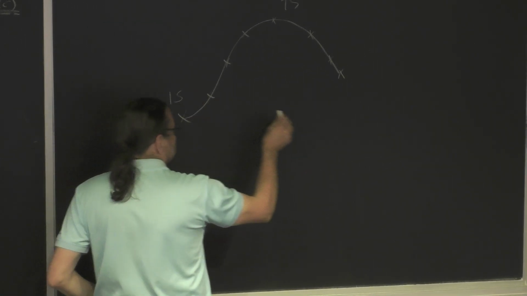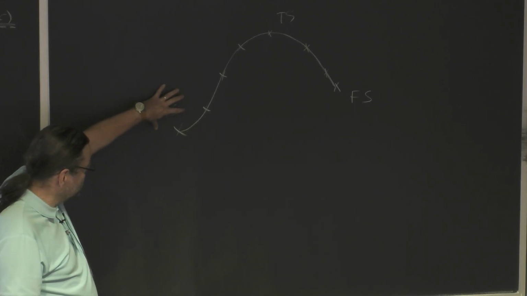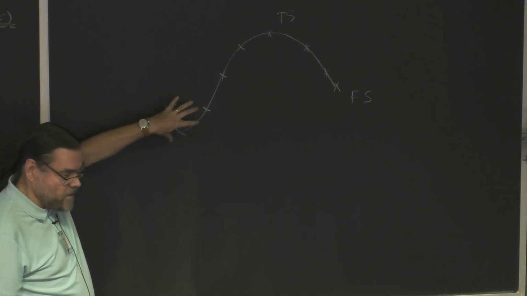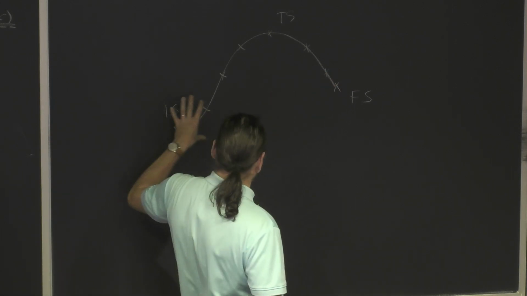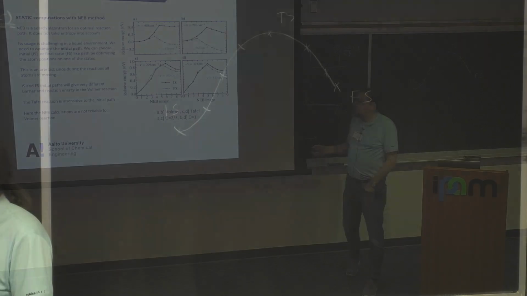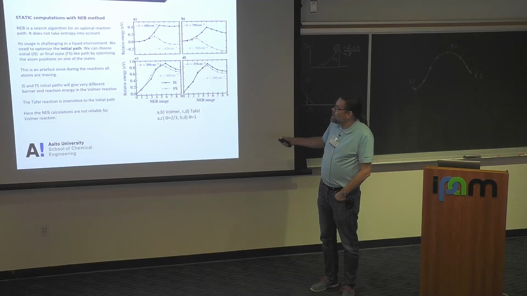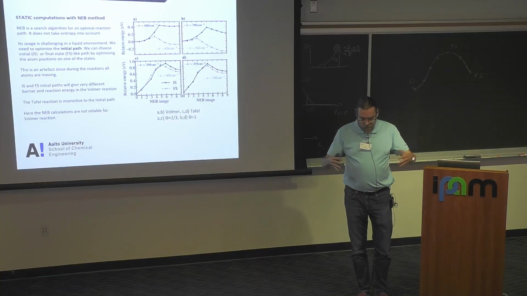What we can do is, if we have this, what I call the initial state and the final state, I start my system with a geometry resembling this initial state, and then I can optimize it, because I have to basically optimize all the waters. I have to have them in local minima. Then this is a static calculation, and I can do the computations by starting from the initial state, which means that I take the initial geometry and optimize the structure locally, and then I push my reaction.